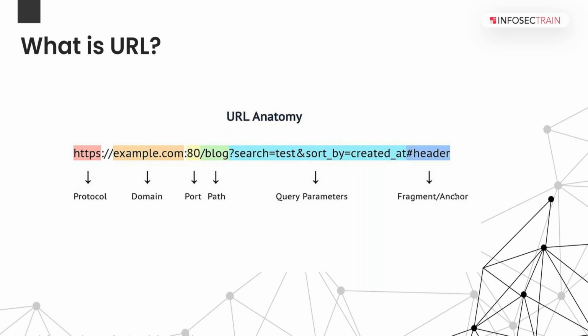So at the last there is a fragment. After the hash there is a fragment. What is it used for? Actually, it's not sent to the server. It's basically stored in the cache of the browser. Whatever is after the hash is stored in the browser. It does not go to the server side. So it is used by developers.